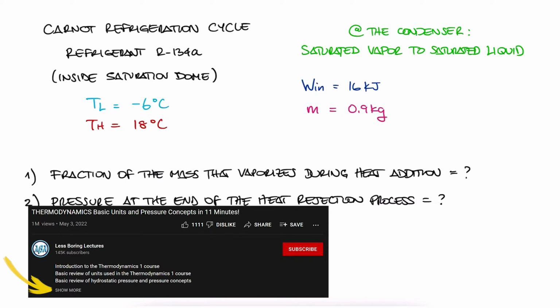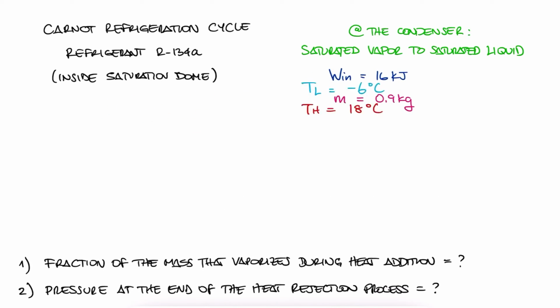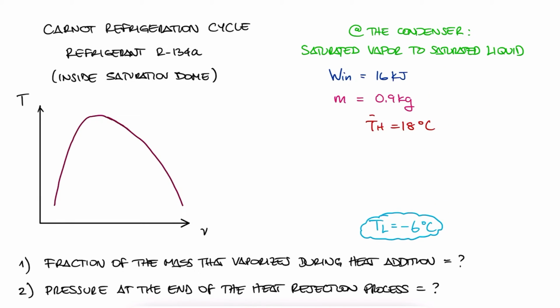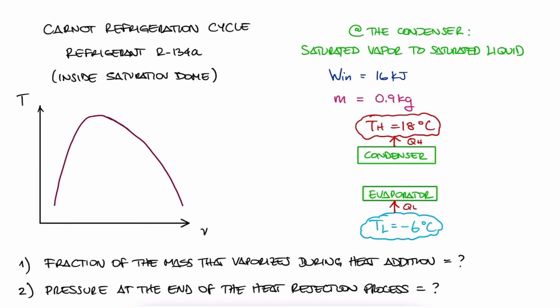The first thing we need to do to better understand this cycle is to draw it in a TV diagram. We know that a refrigeration cycle consists of a low temperature and a high temperature reservoir, where an evaporator and a condenser are located, and an expansion valve and a compressor between them.